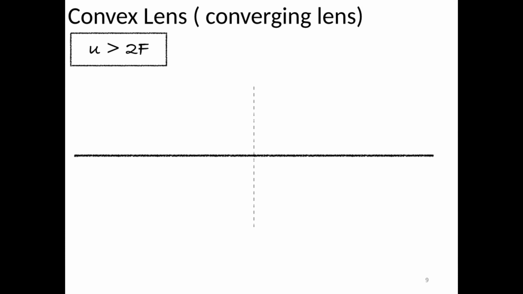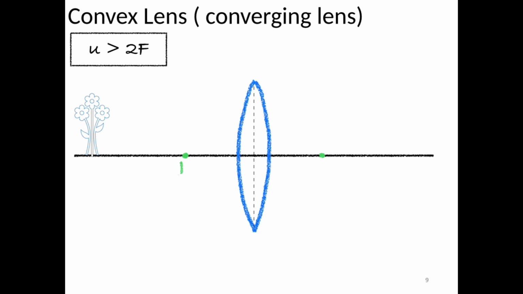Okay, the first one we have U greater than 2F. Remember, U represents the distance between the object and the lens. Okay, this is a convex lens.